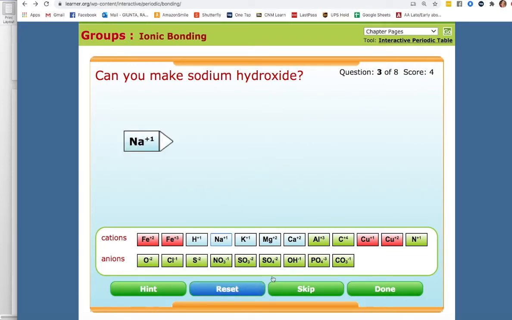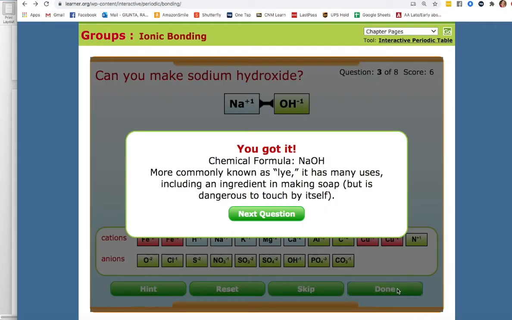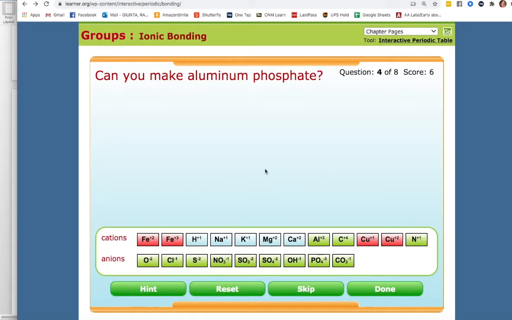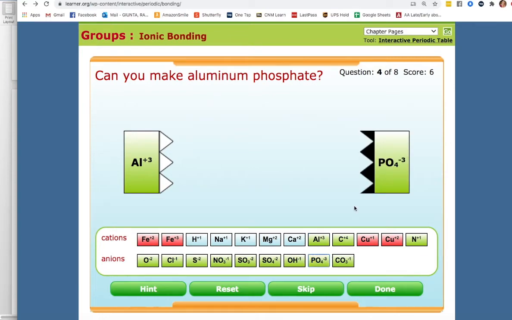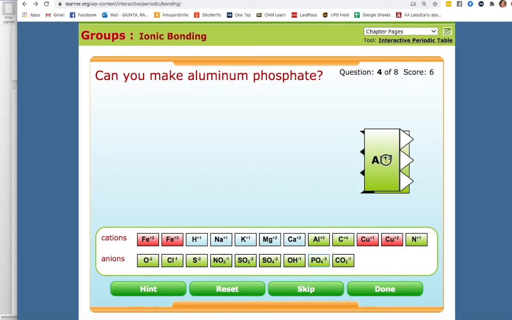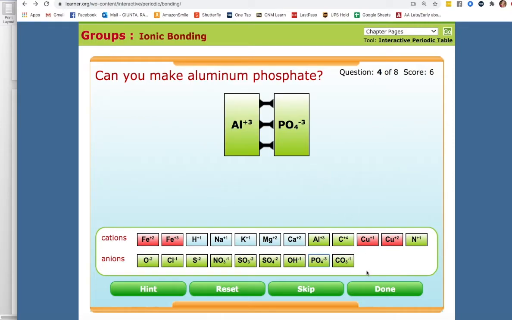Sodium hydroxide is also just going to be one of each. And aluminum phosphate. Now we've got aluminum with a +3 charge, so it's giving us 3 triangles, and phosphate with -3 charge, and so those, one of each, they fit together just like the sodium chloride did, and that's because they have the same but opposite charges on them.